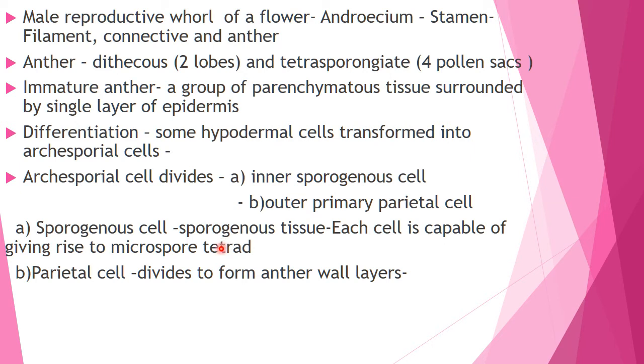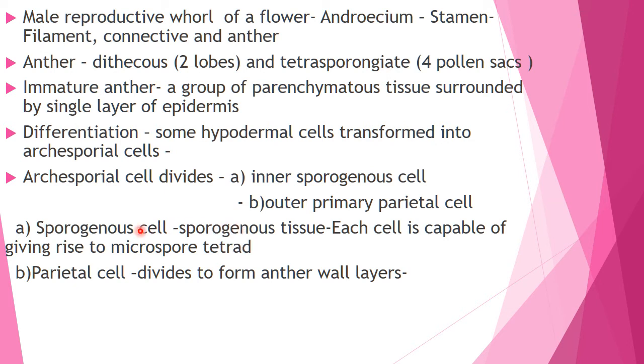So during gamete formation, from a single cell 4 gametes develop during the formation of male gametes in plants. That process we will discuss in the next video, microsporogenesis. So just remember in your mind, it is a tetrad.